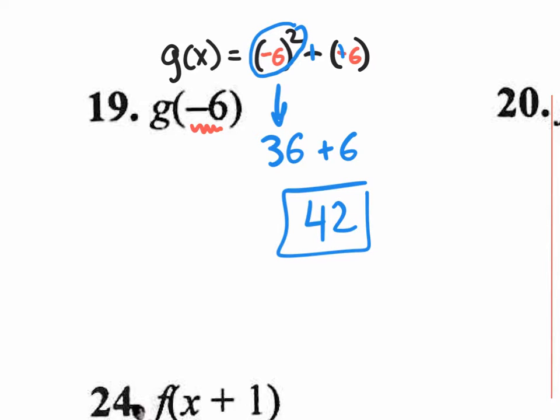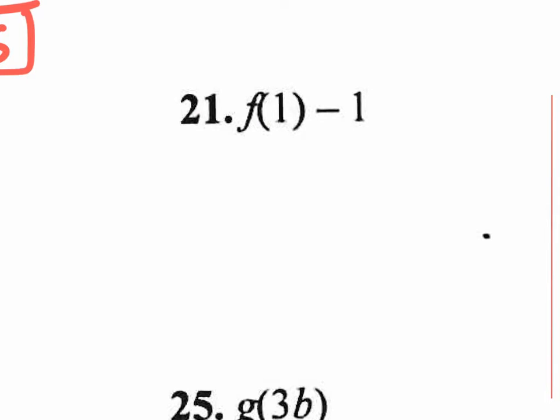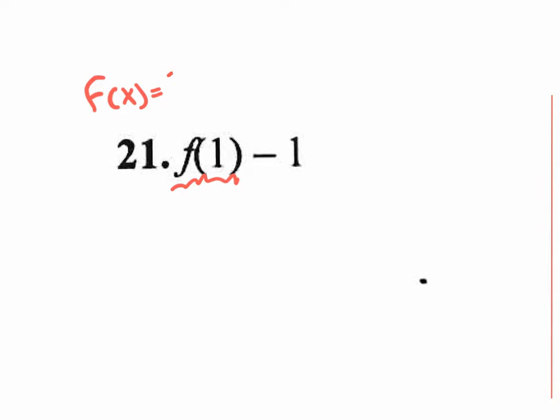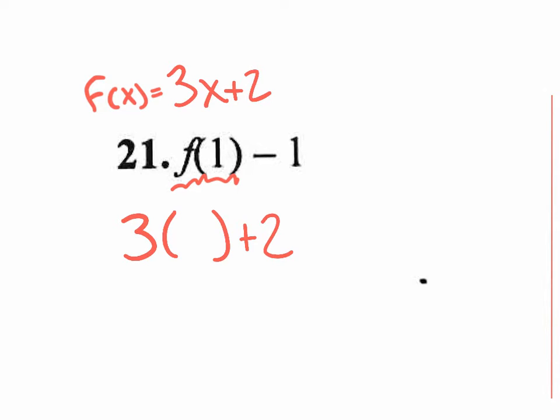Let's move on to 21. So 21 tells us to do f of 1 minus 1. So we're going to take the 1 and plug it into the f function. Once we work that out and get an answer, then we're going to subtract 1 at the very end. So f of x is 3x plus 2. And of course, we're going to rewrite it, 3x plus 2, but we put parentheses instead of the x.